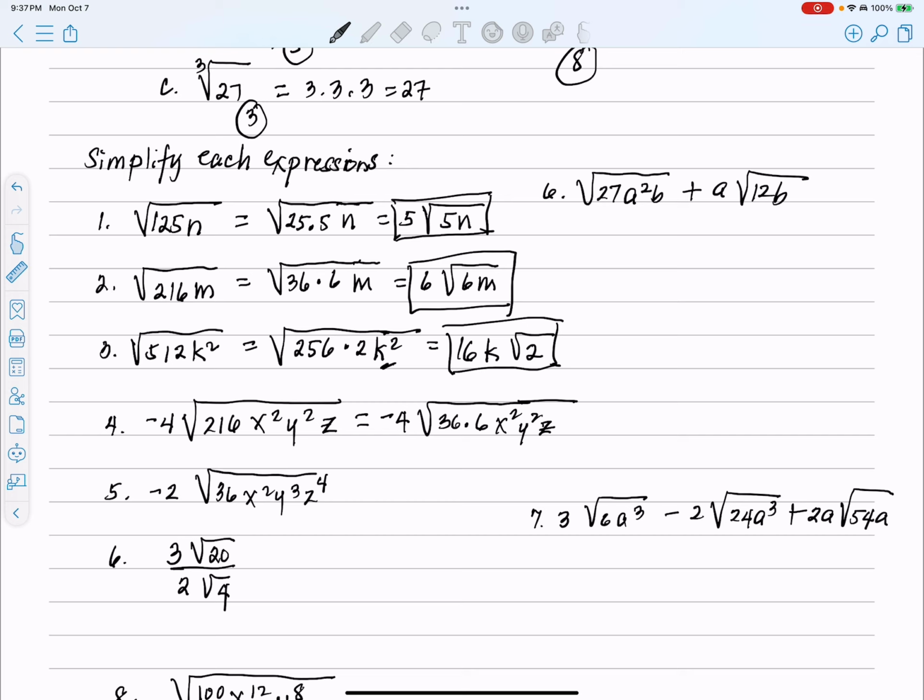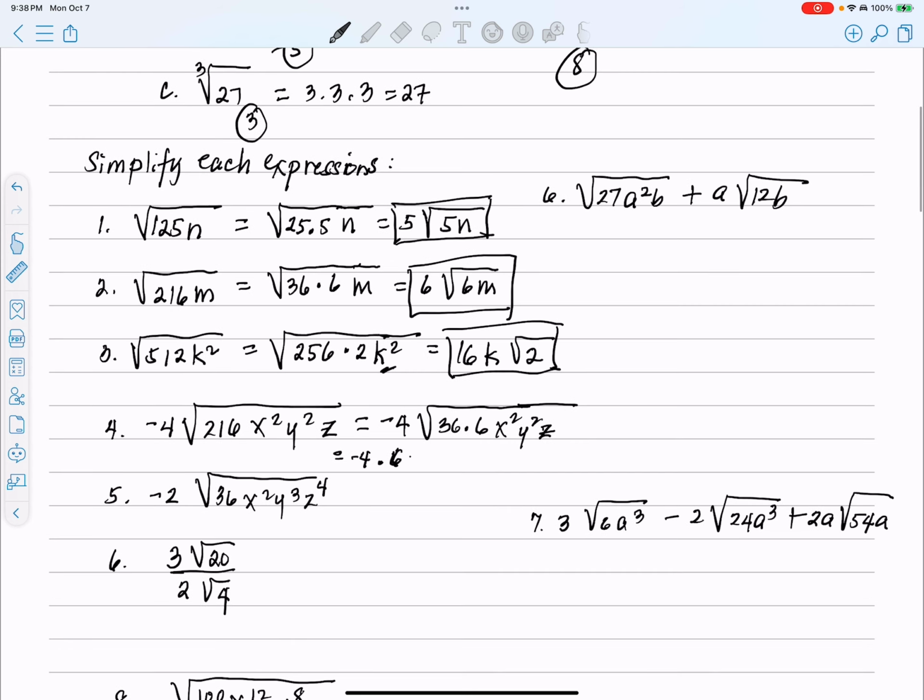So I can have negative 4. Square root of 36 is 6. I put that outside the radical sign. And then x squared, square root of x squared is x. Square root of y squared is y.